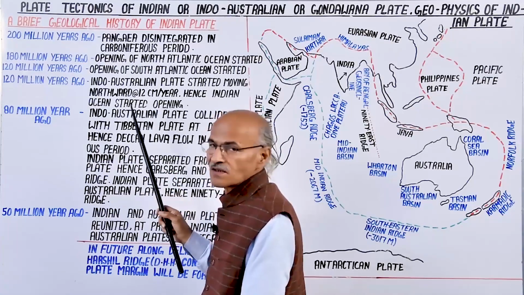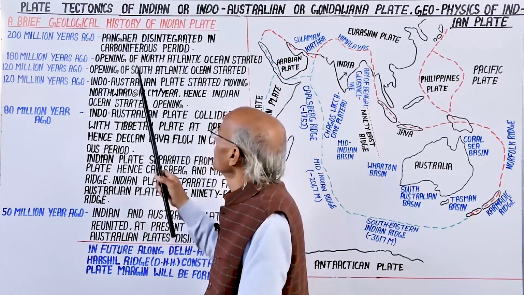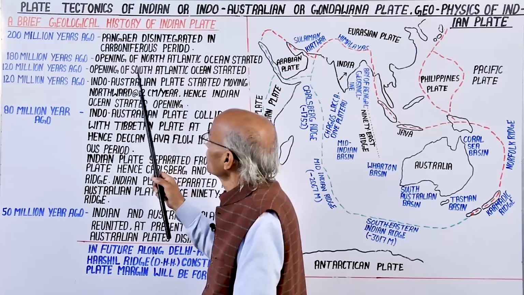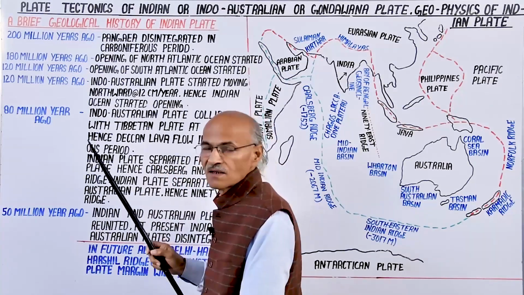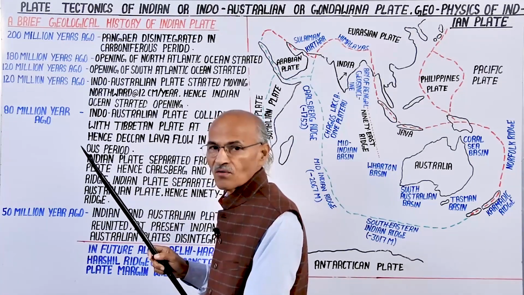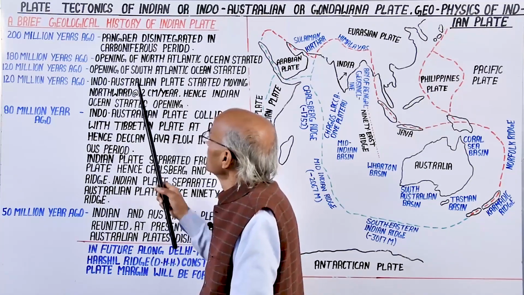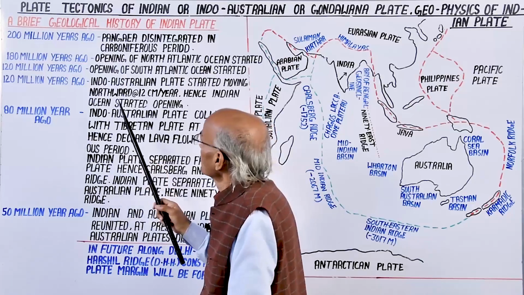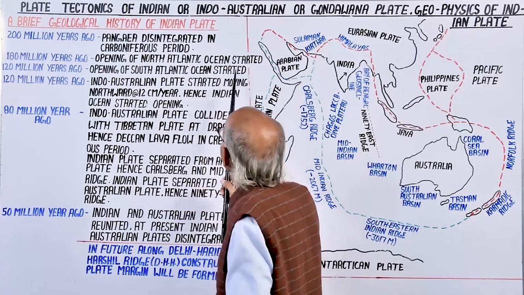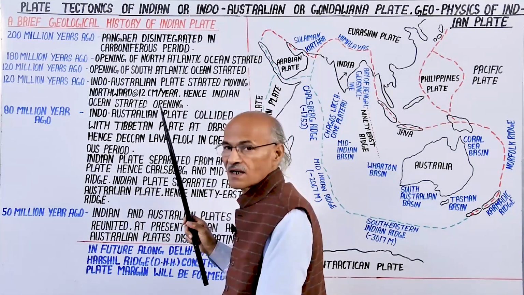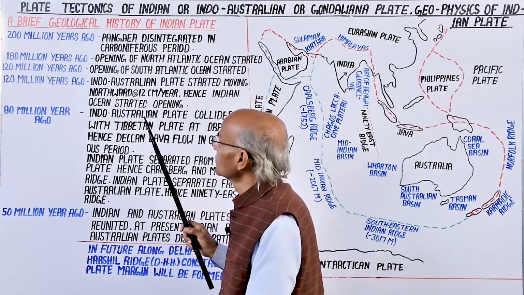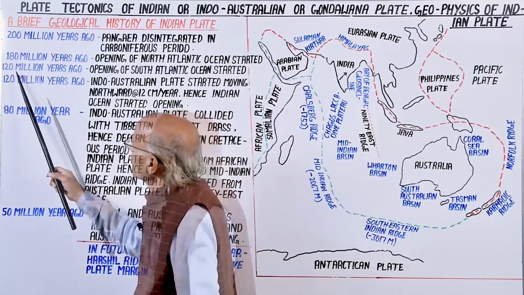North America drifted westward and was separated from Europe, with the result that the ocean opened between the North American continent and Eurasia. That was called the North Atlantic Ocean. Thus the opening of the North Atlantic Ocean started.